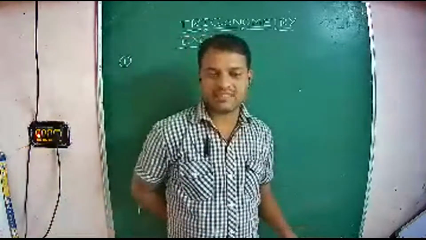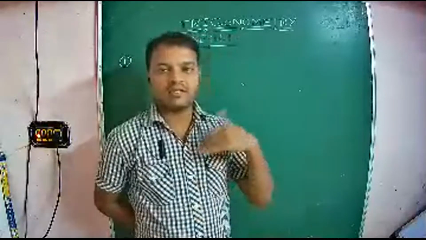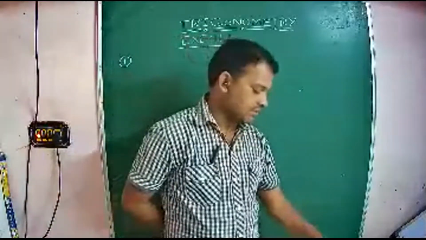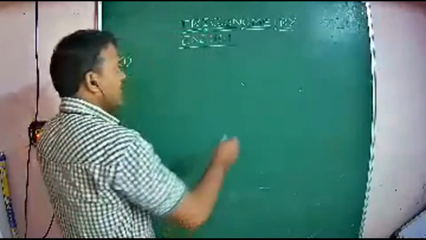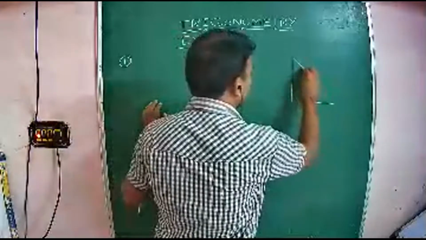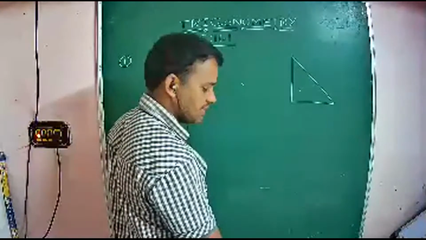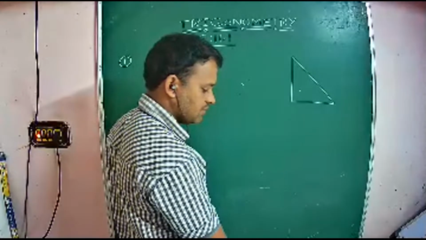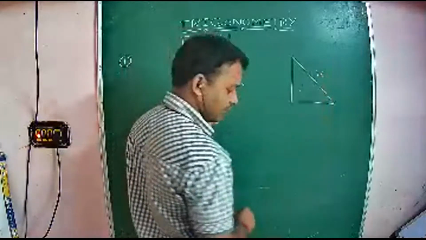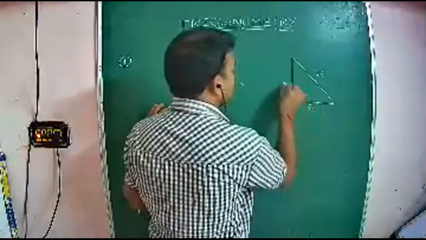Overall there are 5 academic standards; the next class I will explain briefly. Now, according to the first question, in the triangle, the highest length is 17. So this is 17, this is 8, this is 15.